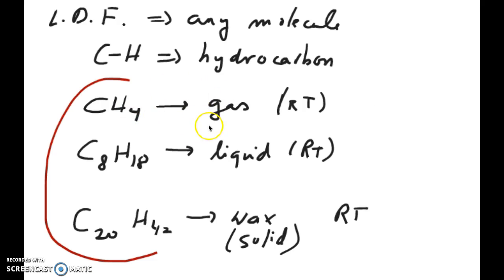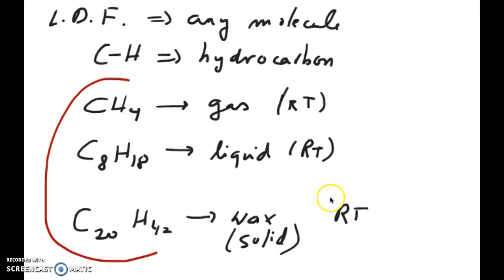So I want to give you an example here of how strong London forces could be. Remember that we said earlier London force is the weakest of these interactions and it's barely there. However, if you have a really large molecule, London forces become substantial. Here's an example of a series of molecules that all display London forces.